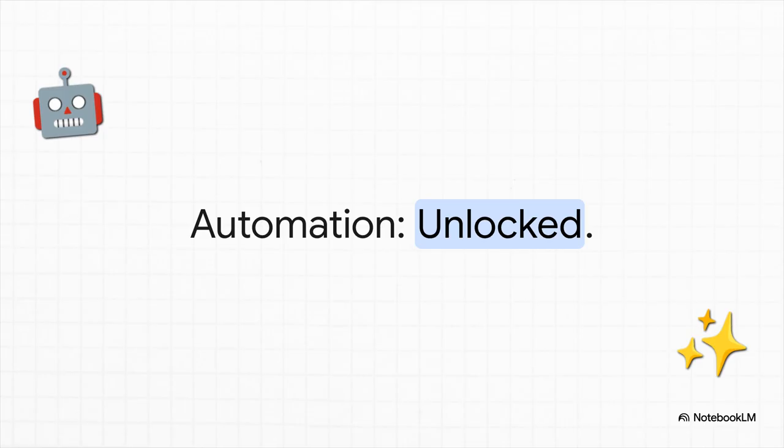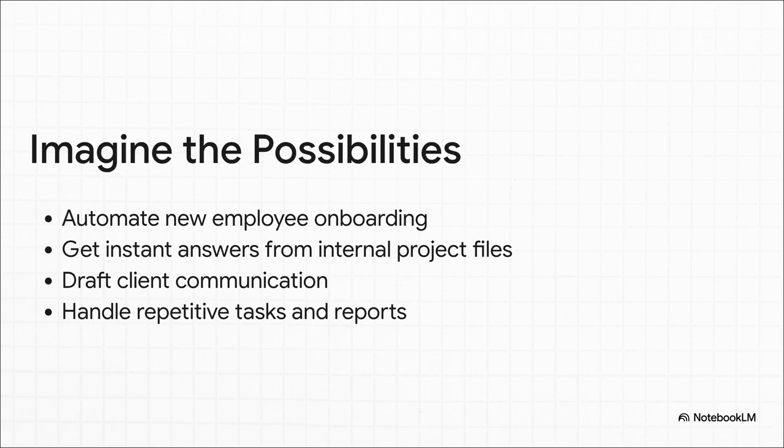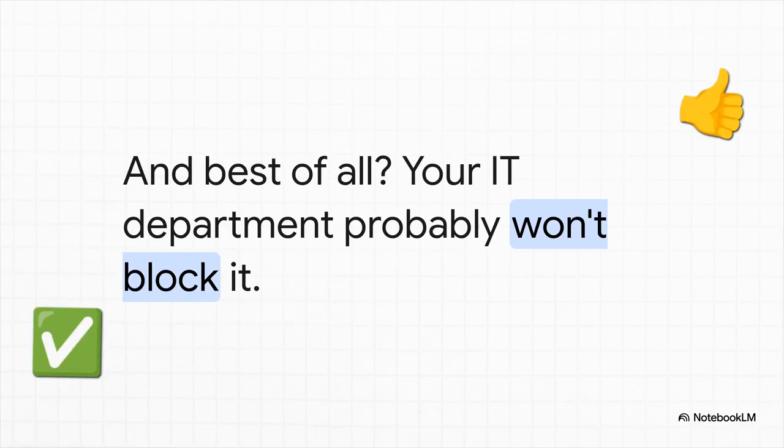And really, this is just scratching the surface. I mean, imagine an assistant that can automatically pull together a weekly report, or draft the first response to a client email, or instantly summarize meeting notes from a file you upload. The possibilities are absolutely transformative. And let's just bring it all back to where we started.